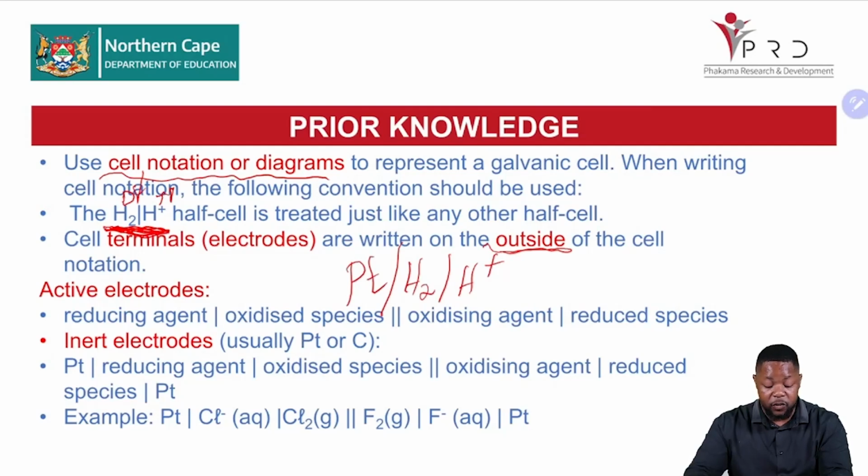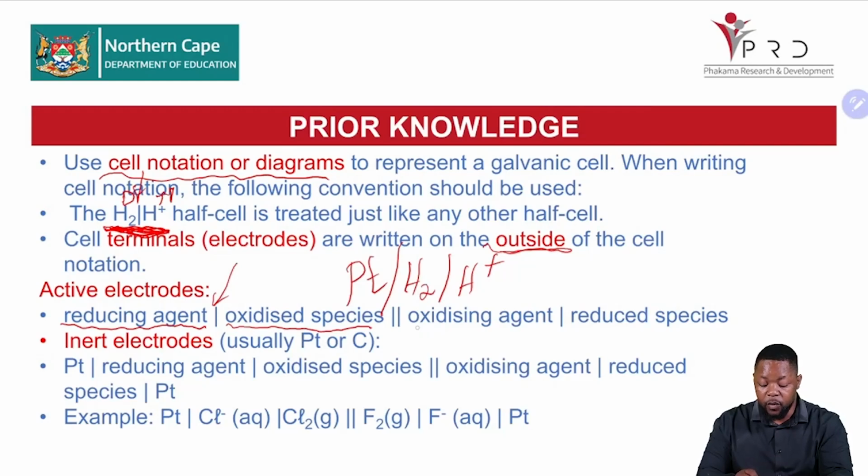The notation includes the active electrodes, the reducing agent, the oxidized species, the oxidizing agent, and the reduced species. This explains how we write the cell notation. The reducing agent is a substance that undergoes oxidation, and the oxidized species is the one which has lost electrons. Remember, these lines mean there is a phase change.